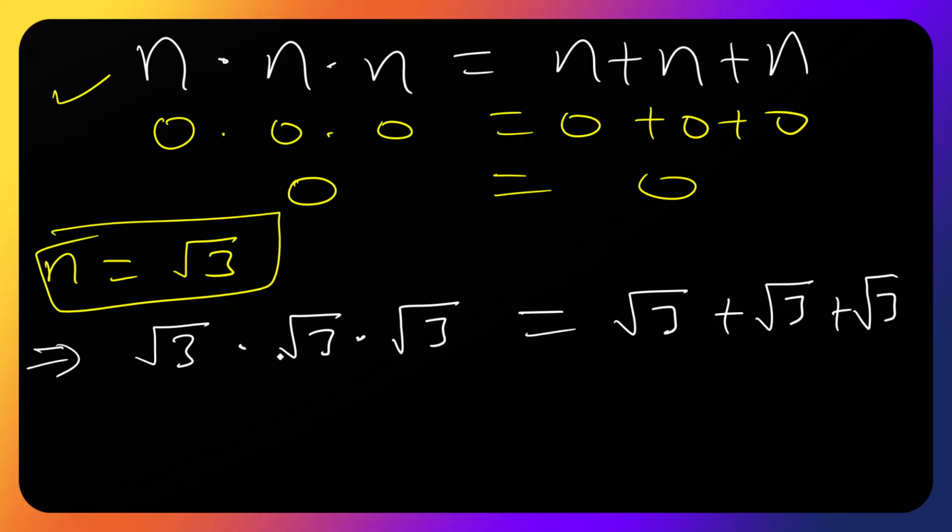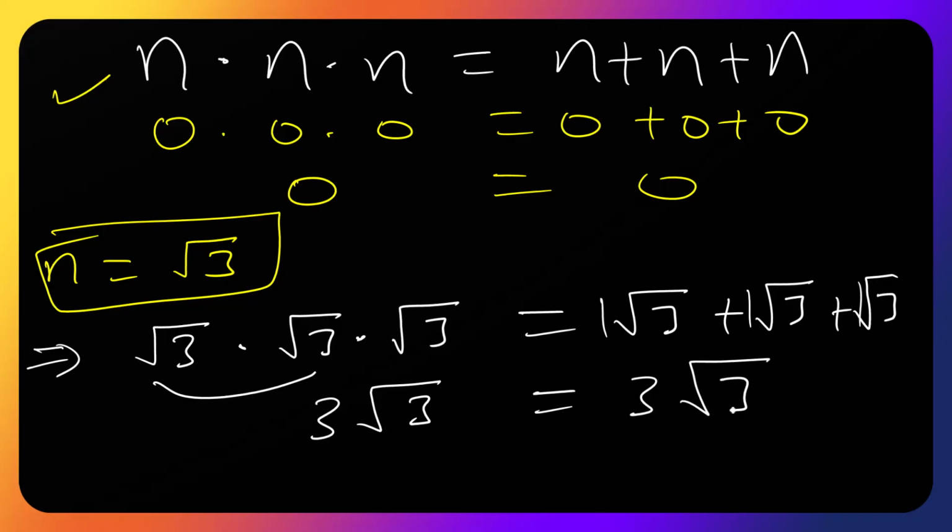So this side will be square root of 3 times square root of 3, which is 3, times root 3, which will be 3 root 3. And the coefficient here is 1, 1, 1, so 1 plus 1 plus 1 will be 3 root 3. So this one too is correct.